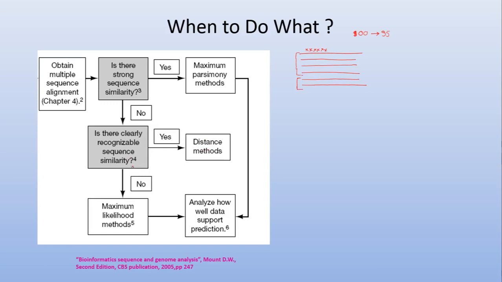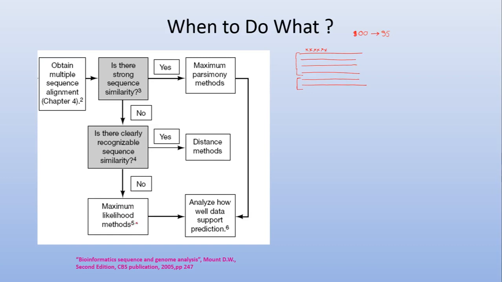And if you still get a negative answer, that in my multiple sequence alignment, leave aside strong sequence similarity, none of the sequences are similar, but you are sure that these sequences are somehow related, then you are supposed to use the maximum likelihood method as the final resort.